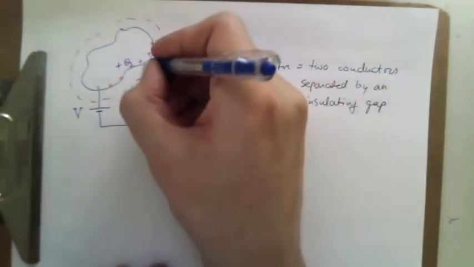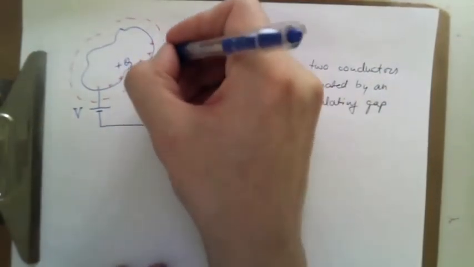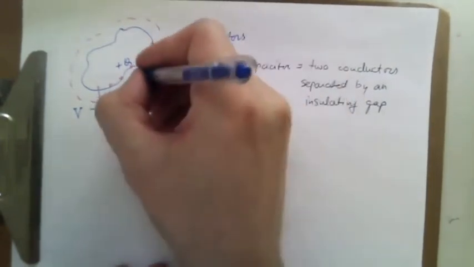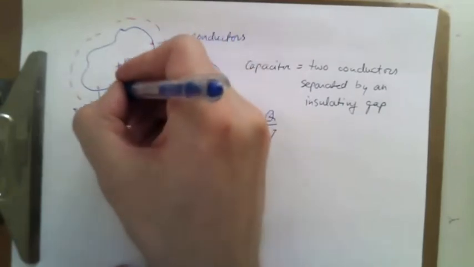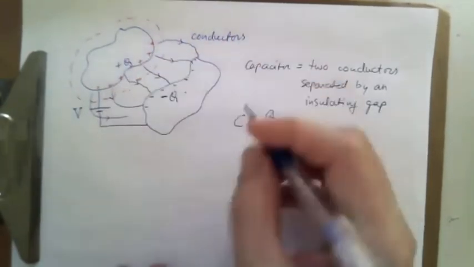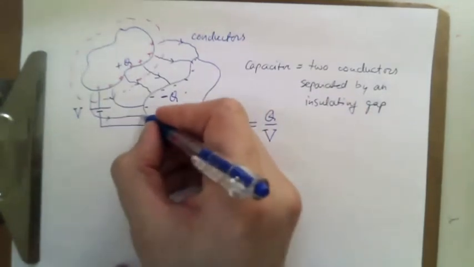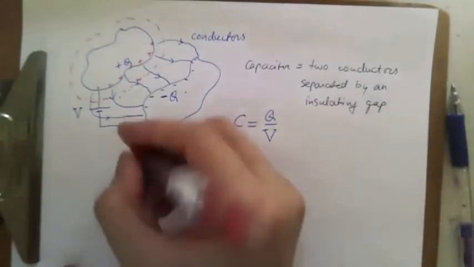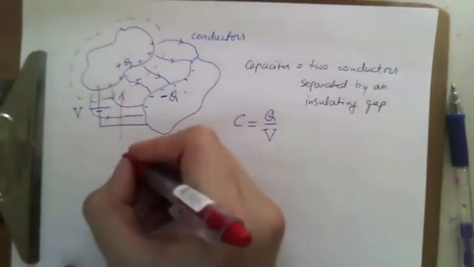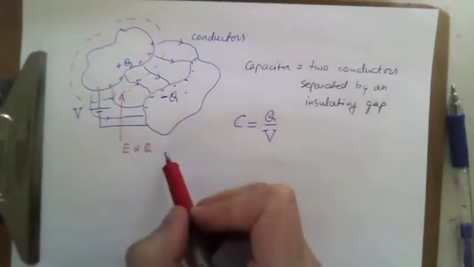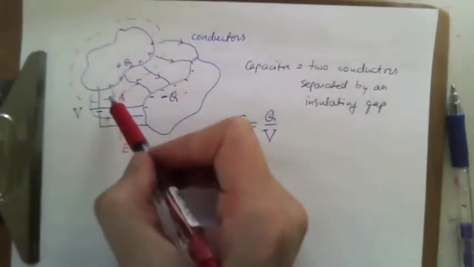And let me draw the field lines. It will be going something like this. So there will be an electric field here, and at that location, the electric field is going to be proportional to Q, because the flux is going to be proportional to Q.